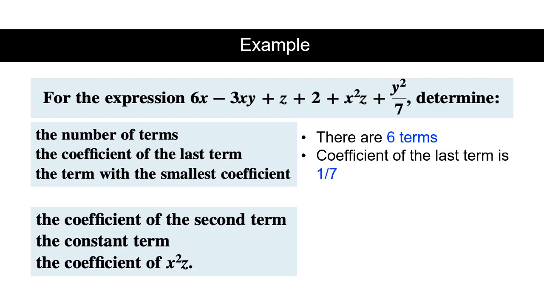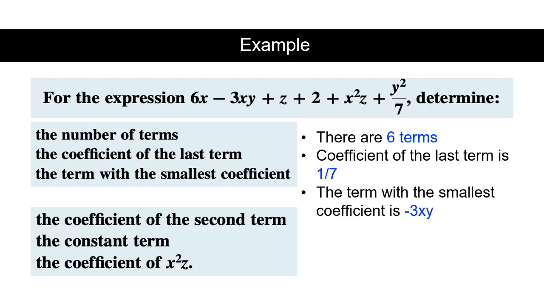So the coefficient isn't just the number that's before the term, it also includes any fractions or divisions. So in this case, it's 1/7. The term with the smallest coefficient is actually negative 3xy. Negatives are always smaller than positives. And remember, the more negative it is, the bigger, and I'm using that in quotes, the number is. So negative 3 is smaller than any of the other coefficients.